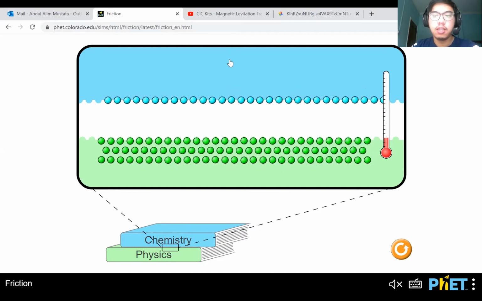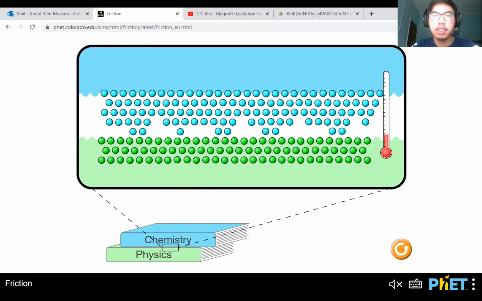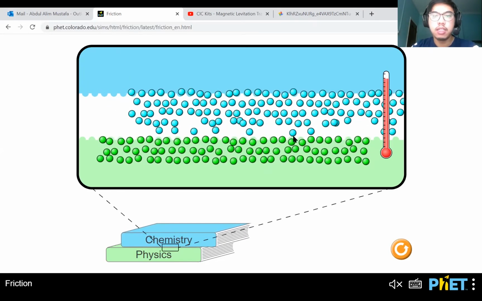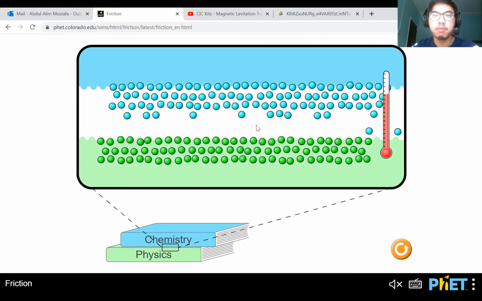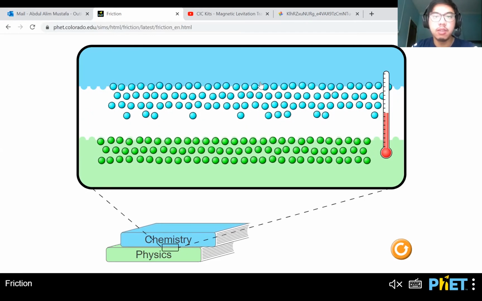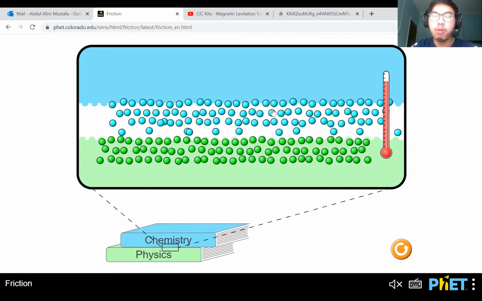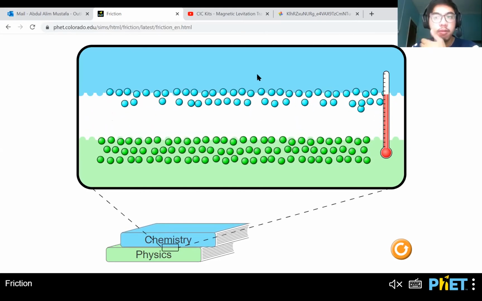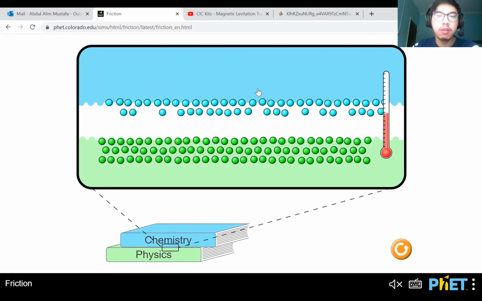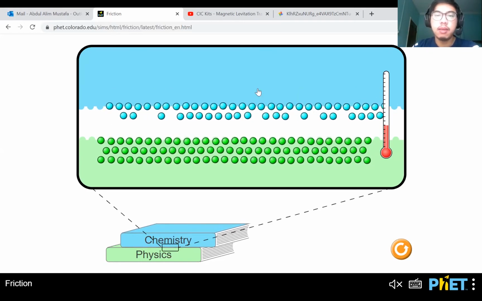The other thing you might notice is that as it gets hotter, the atoms vibrate even more. That's because when atoms get hotter, they get more energy, and therefore they can vibrate even more. We will learn more about that in the next few chapters of physics.